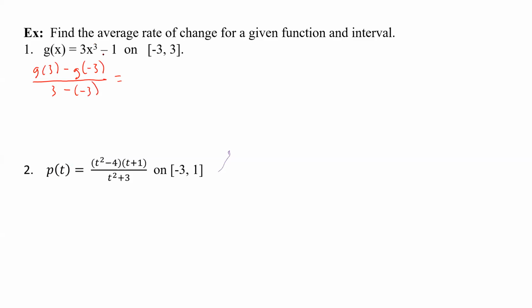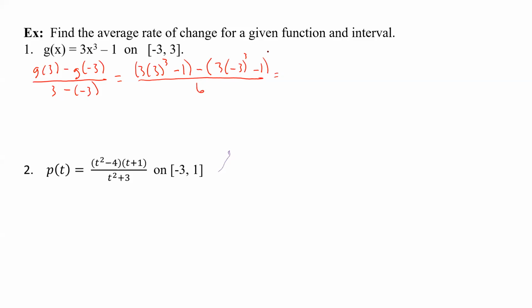Well, if we plug in 3 here, that's going to be 3 times 3 cubed, minus 1, and so that's the first part. Minus, and now we have 3 times a negative 3 cubed, minus 1, that's the second part. And that's all over 3 minus a negative 3, or 3 plus 3, which is 6.